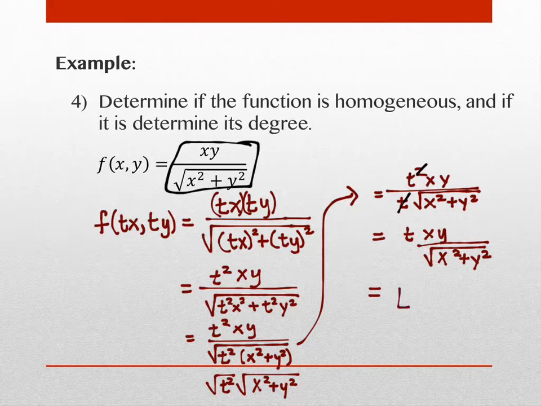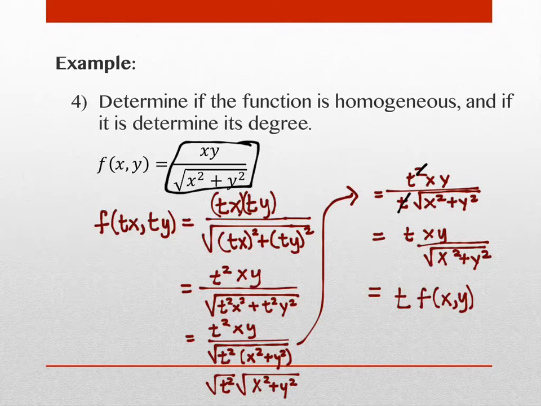This now has the form of t times the original function f of xy. So it is homogeneous because you had the ability to change it so that the t's were pulled out in front and you still had the f of xy that you were originally given separated from it.